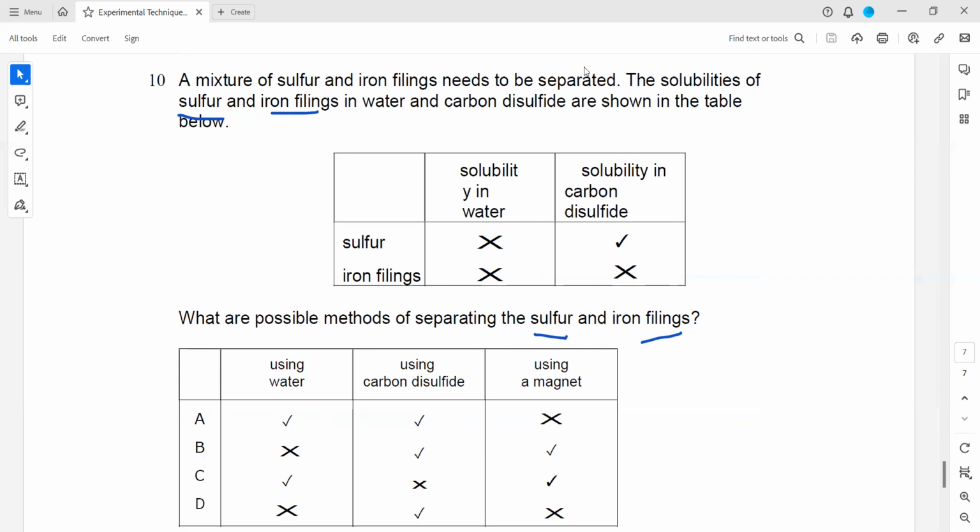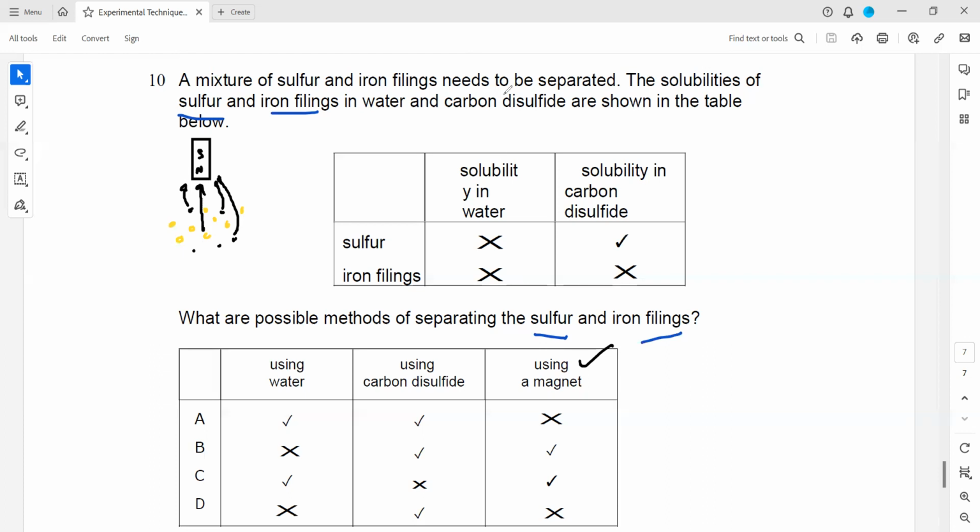Say you have sulfur and you have iron filings. If you bring a magnet, north and south, what will happen? These iron filings will be attracted, so the iron filings will be separated from the sulfur. So using a magnet, it will work.